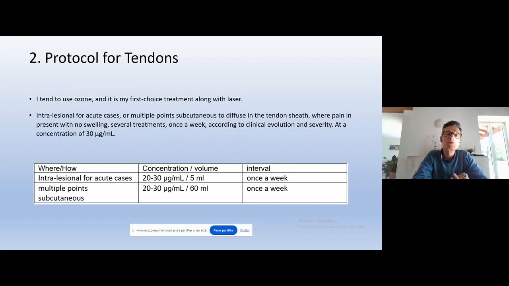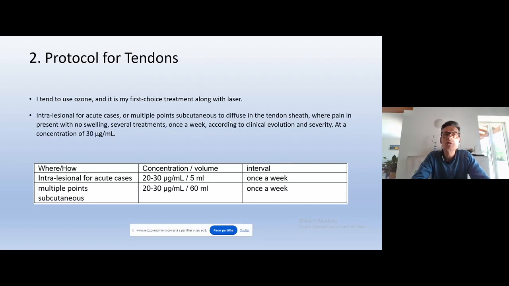protocol. I tend to use ozone, never ozone alone. I always use ozone with other therapeutic modalities. Here specifically, I use ozone with laser. We can use ozone in the tendon either by intralesional injection or by multiple points subcutaneous.